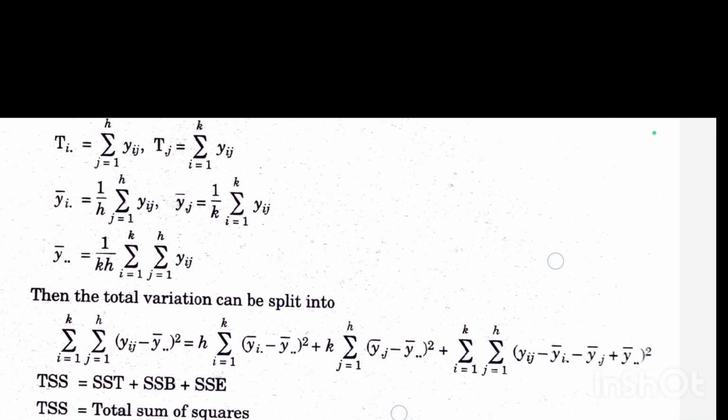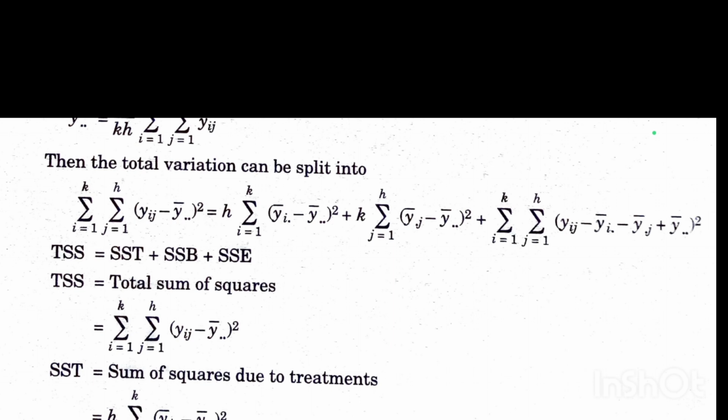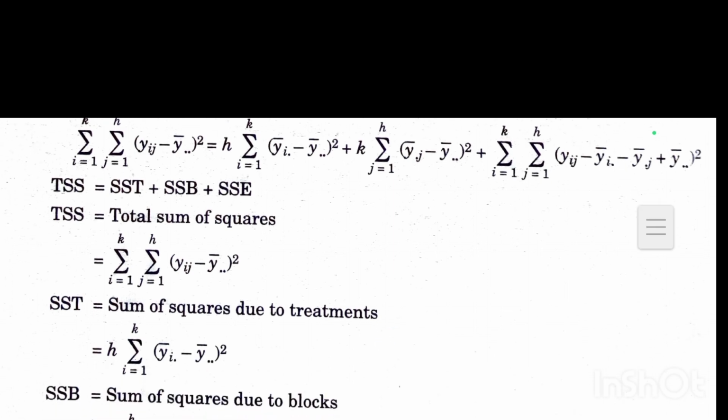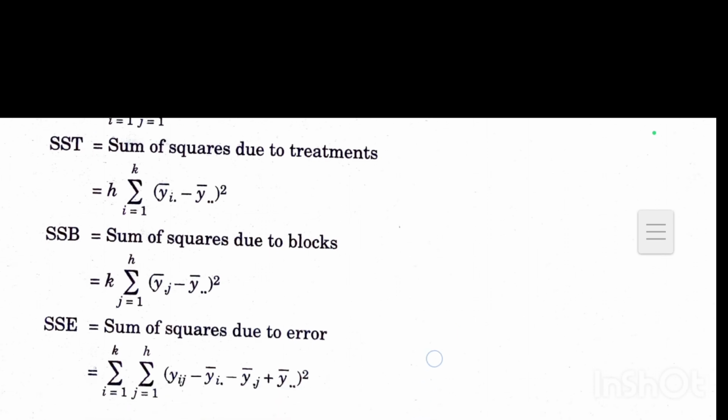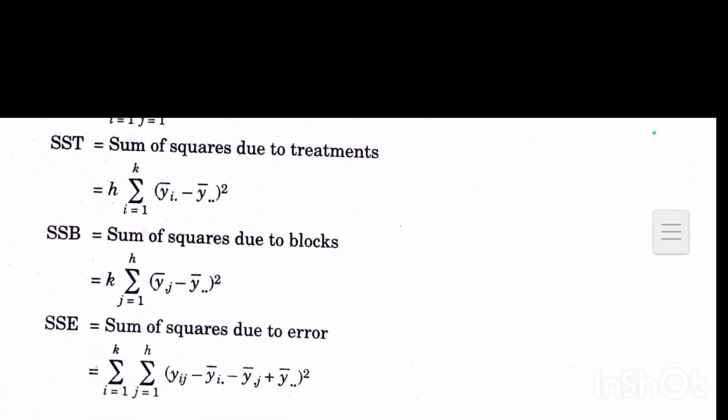Next we have the total sum of squares model, that is TSS equals SST plus SSB plus SSE. We have the formulas for the total sum of squares, the sum of squares due to treatments, the sum of squares due to blocks, and the sum of squares due to error.